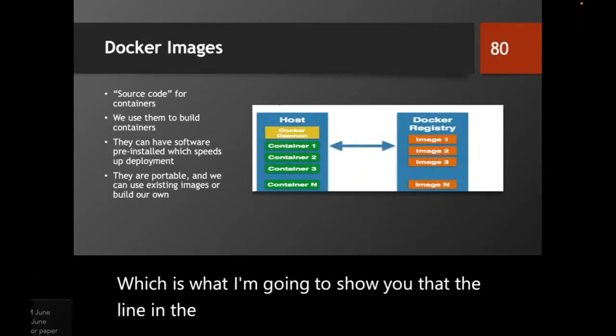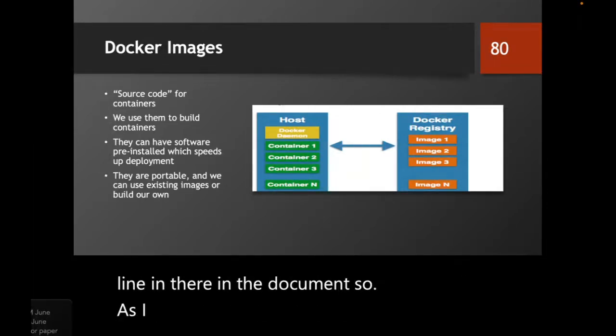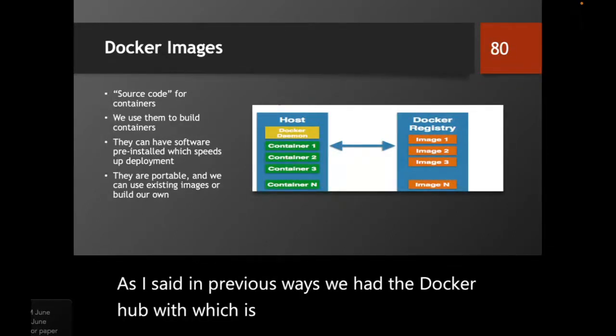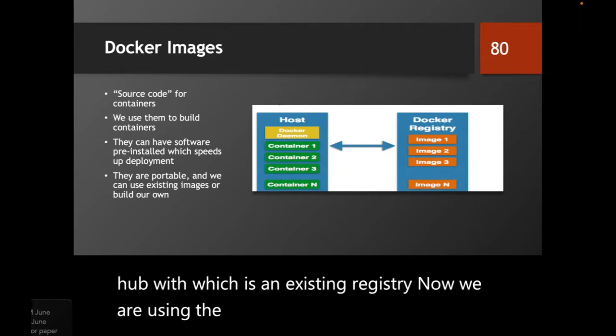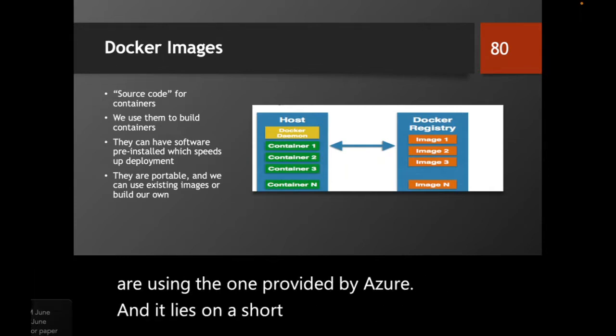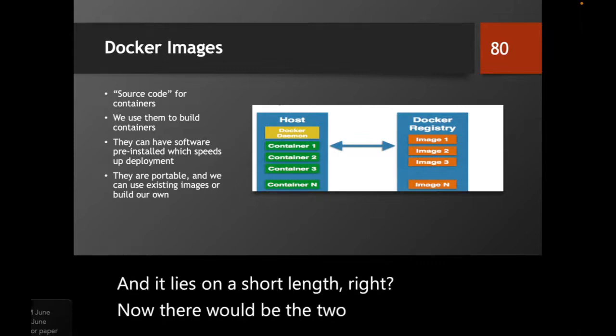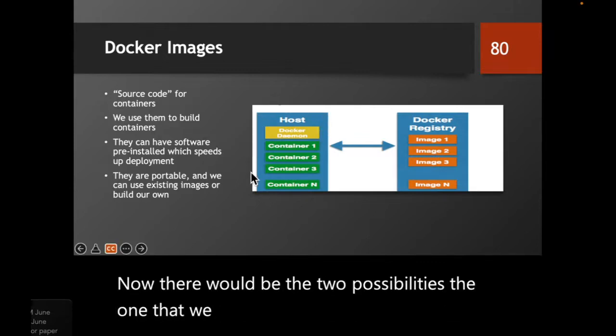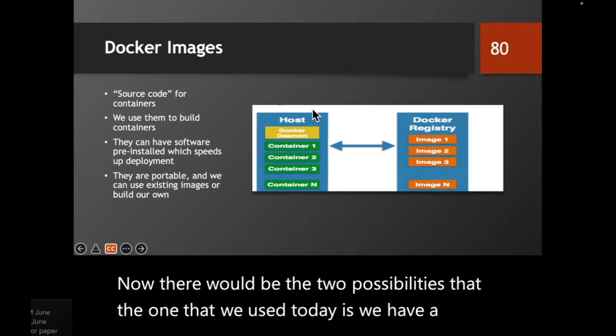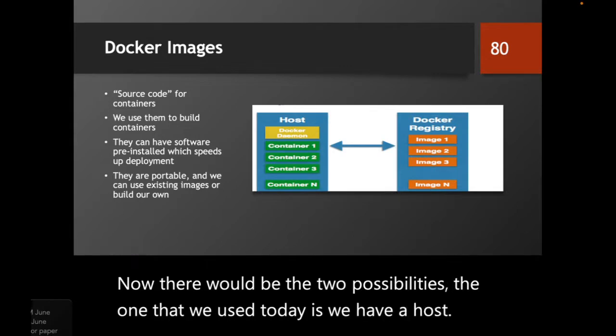So, as I said in previous classes, we have the Docker Hub, which is an existing registry. Now we are using the one provided by Azure, and it lies on the Azure Cloud, right? Now, there would be two possibilities. The one that we used today is we have a host on the cloud too.